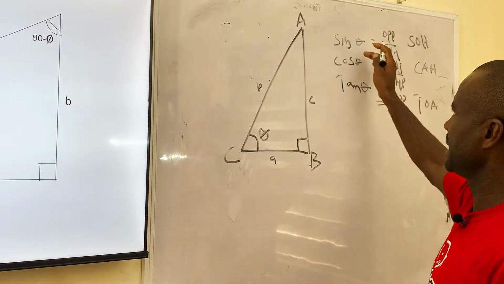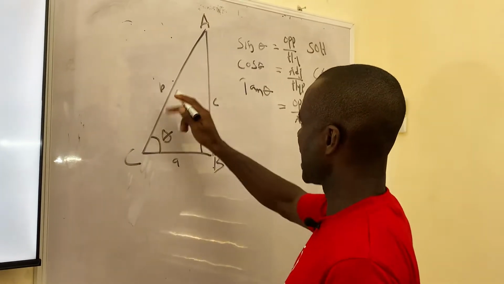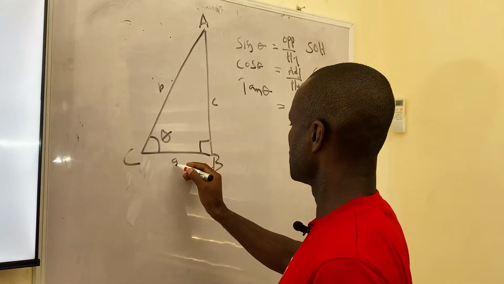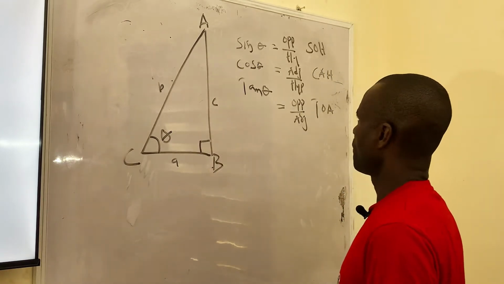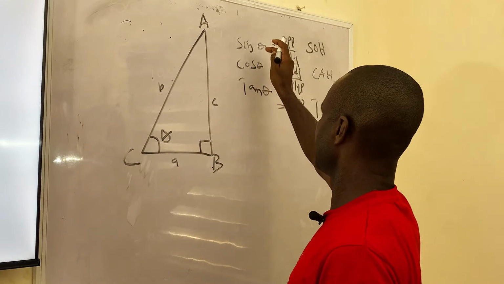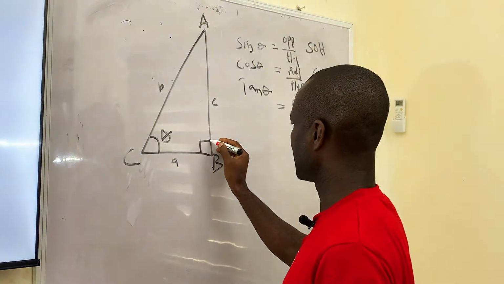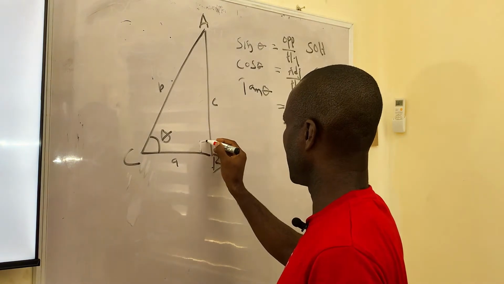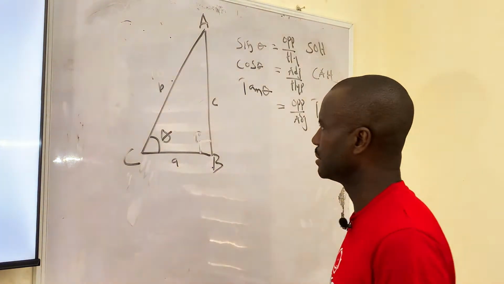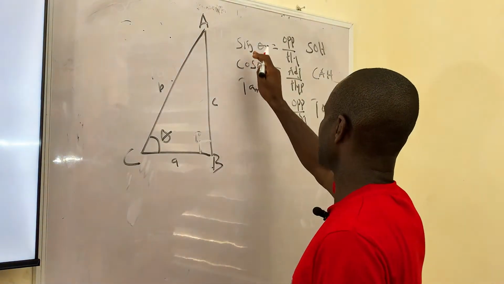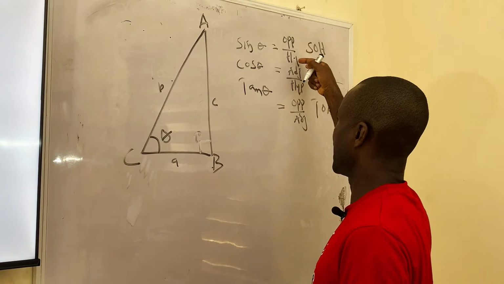If you need to calculate the angle here, the sides of the triangle are labeled as small letters A, B, and C. For you to define any angle in a right angle triangle, one of the angles has to be 90 degrees before you call it a right angle triangle. So to define sine theta, you have to find the opposite side all over the hypotenuse.